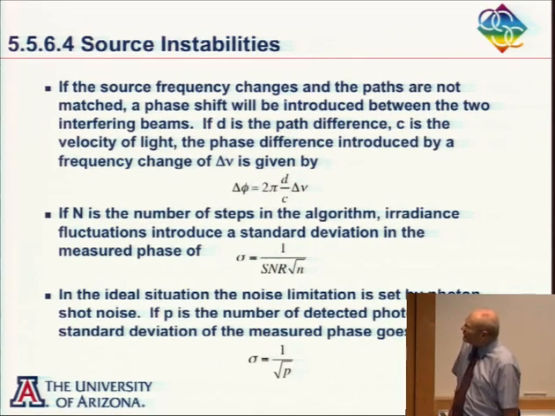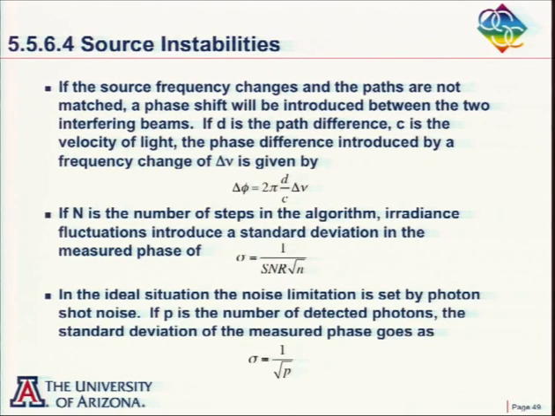Source instabilities. Well, we have two things to worry about here. We have the frequency of the source, and we have the intensity variations, or radiance variations. Remember, we talked about one phase shifter: if we have a path difference in the interferometer and we change the frequency of the source, we're going to change the phase. That's good if we want to do that, but if we don't want to phase shift by changing the frequency, it's bad.